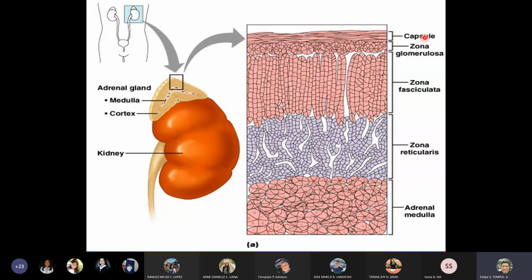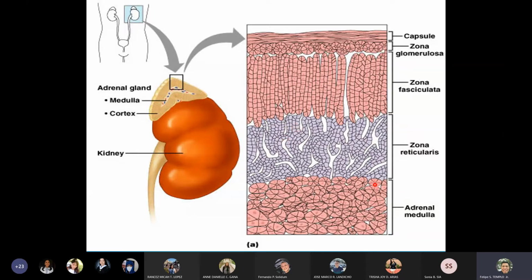So we have the capsule here, then the zona glomerulosa. They are somewhat glandular in appearance, while in the zona fasciculata, the cells are arranged in cords, and in the zona reticularis, the cells are arranged reminiscent of that of the liver, a bit trabecular in appearance.